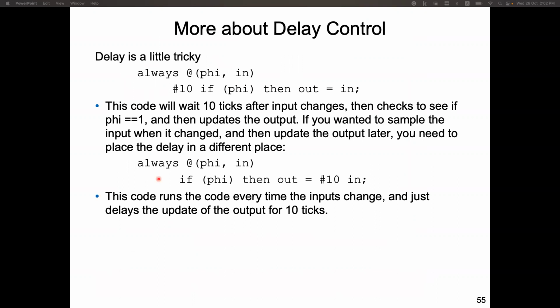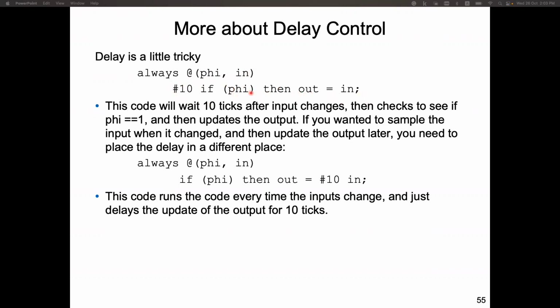So we are still in the delay-based timing control. Some more about delay control. Delay is a little tricky. For example, this code: always at the event of fil and in, if fil changes or in changes, we execute this statement.